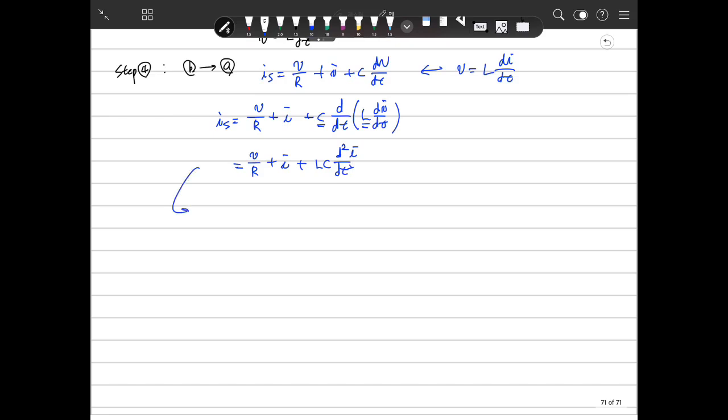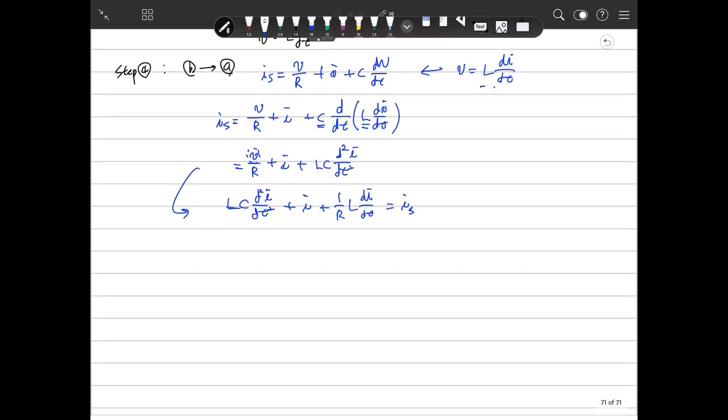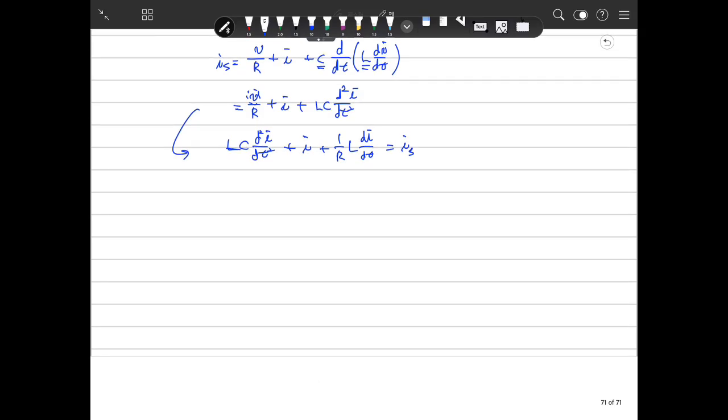So we summarize this equation more simply. Then LC d squared I over dt squared plus I plus V is 1 over R L dI/dt equal IS. So you summarize here, multiply by 1 over LC.